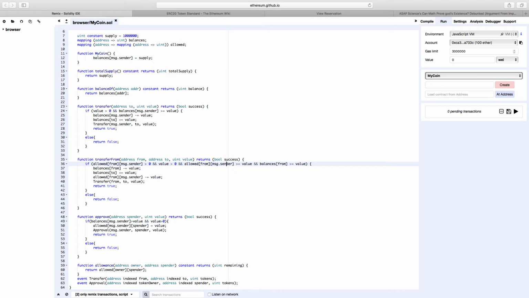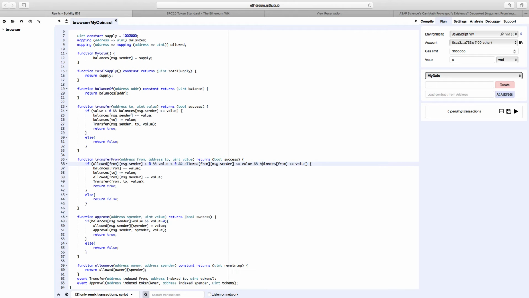That can't be allowed. So we want to see if the donor's account has allowed the message.sender to spend at least value whenever he wants.